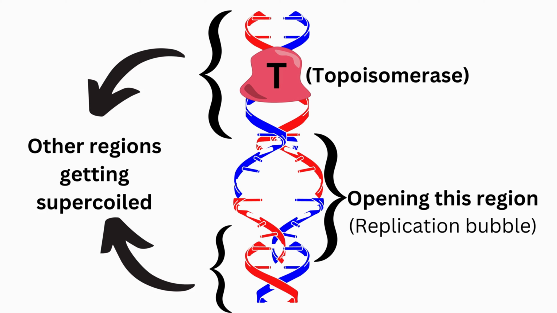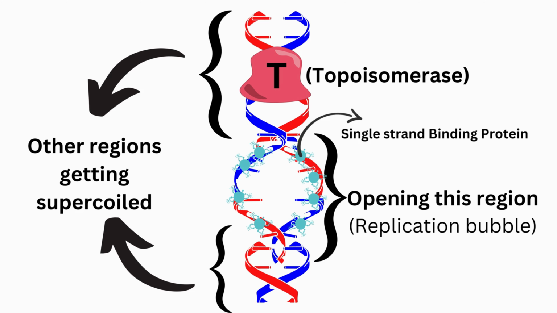But due to their complementary pairs, they are bound to stick together and form their hydrogen bonds once again. In order to prevent this from happening, we place some molecules like a barricade, which are known as single strand binding proteins. They keep these 2 strands apart and help maintain the replication bubble.